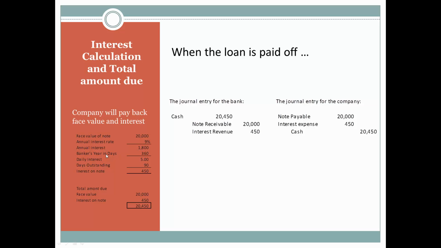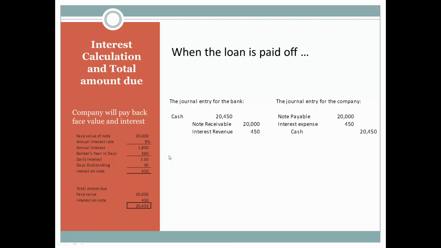However, it's only been taken out for 90 days. In order to convert it to a daily rate and be able to look at interest for each day in the 90 days, we have to divide the total annual interest by the number of days in the year.